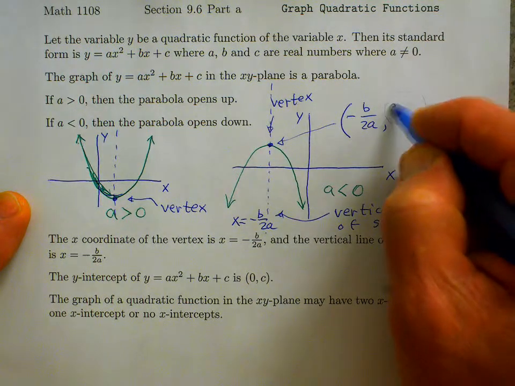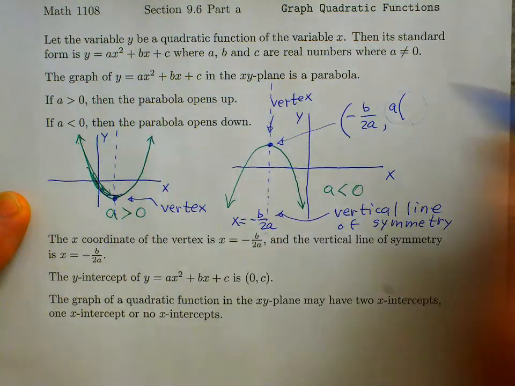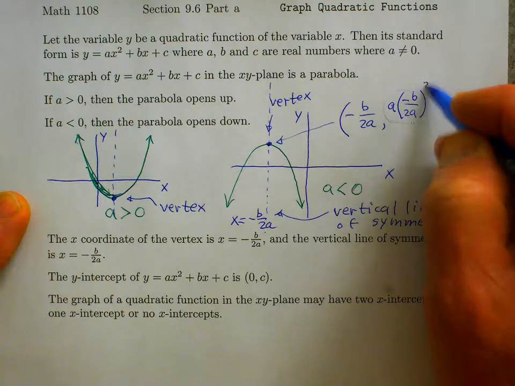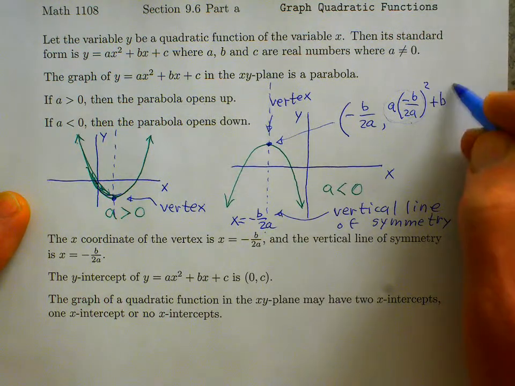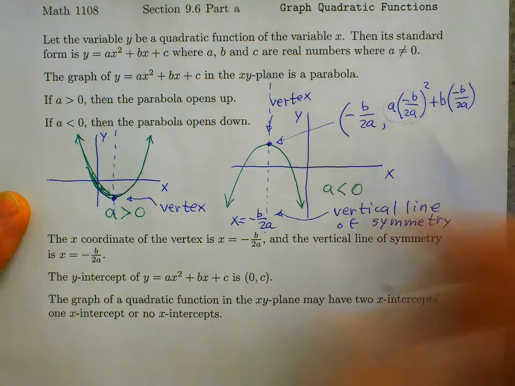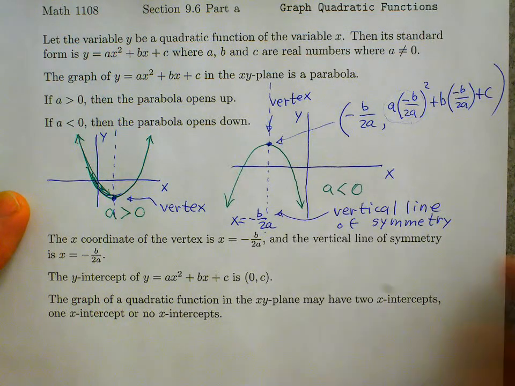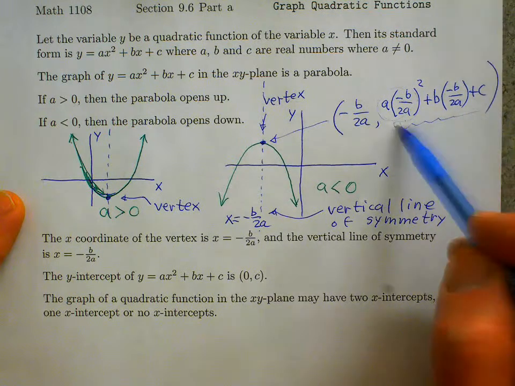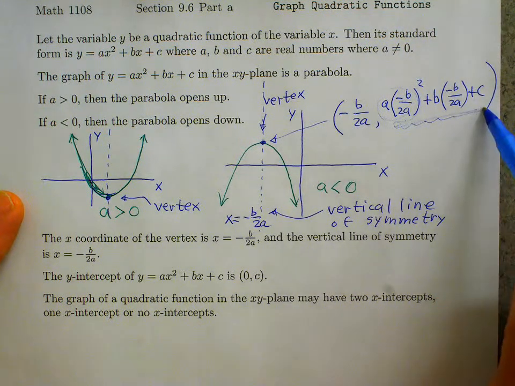So we have a times, instead of x squared, we're going to square negative b over 2a. And then we're going to add b times negative b over 2a, and then add c. Okay, so this y-coordinate can be simplified quite a bit, but this is how we would go about finding it in general.